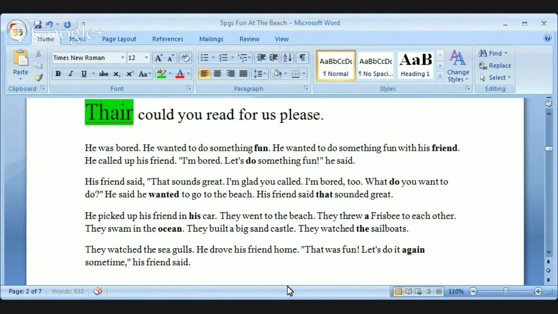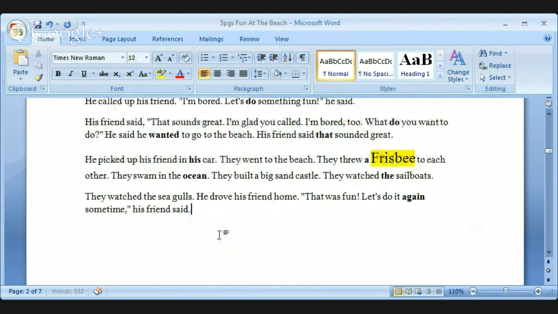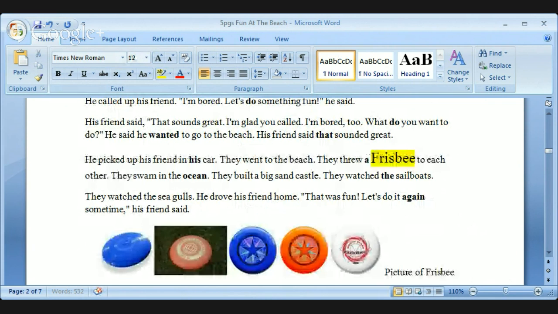He picked up his friend in his car. They went to the beach. They threw a frisbee to each other. They swam in the ocean. They built a big sand castle. They watched the sailboats. They watched the seagulls. He drove his friend home. That was fun. Let's do it again sometime, his friend said.